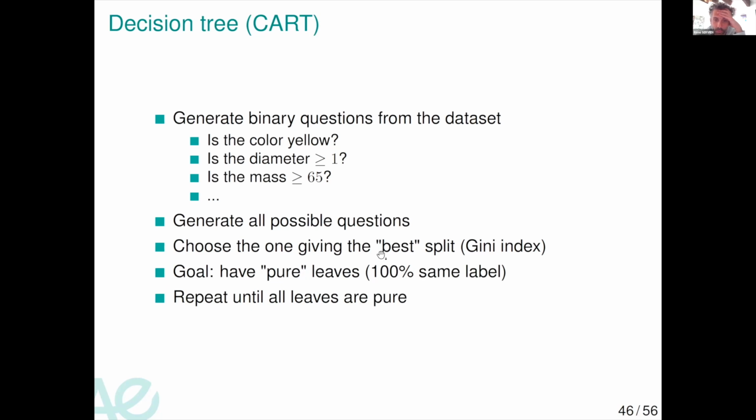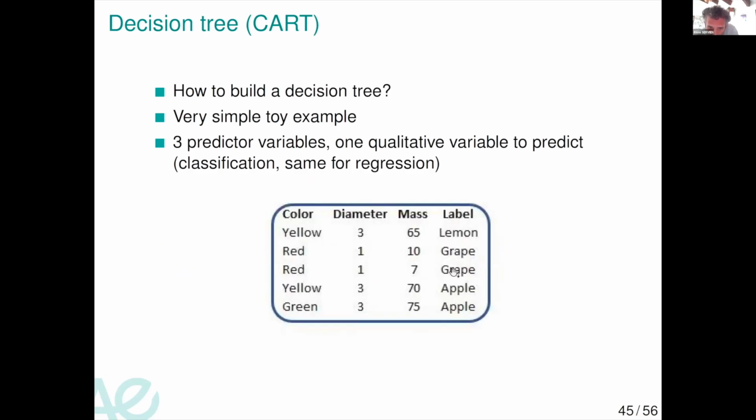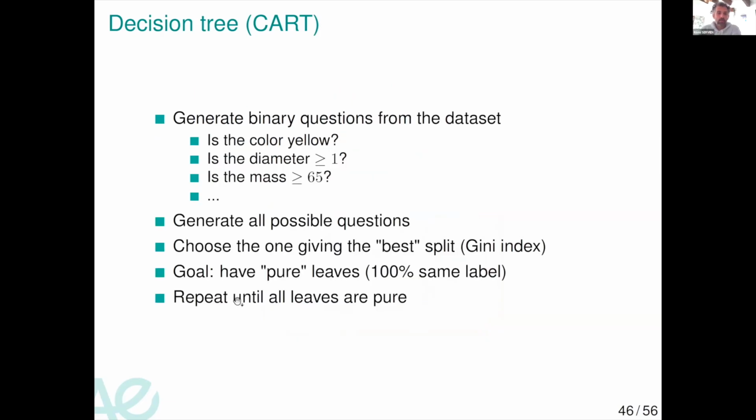So best is calculated using the Gini index, and basically it is to ensure that you don't cut, for example, here you have two grapes. If a question leads you to put one grape in one leaf and one grape in the other one, it's not good. And the goal is to have pure leaves at the end, with 80% of the same label. And you repeat it until all leaves are pure.